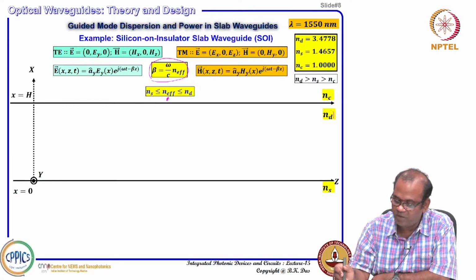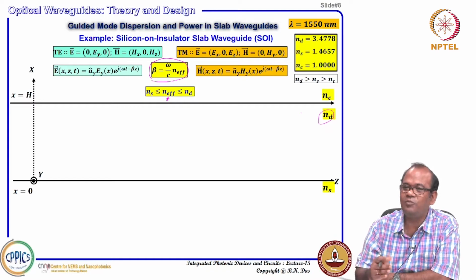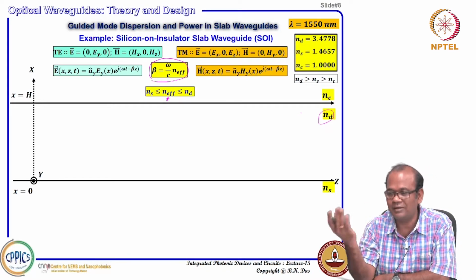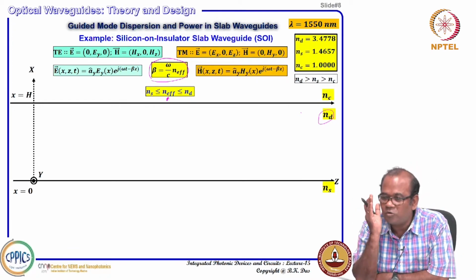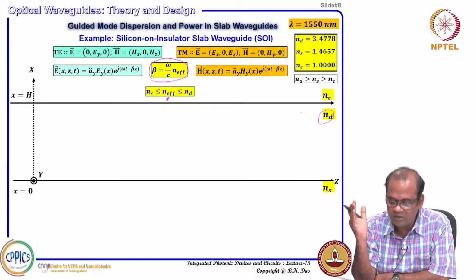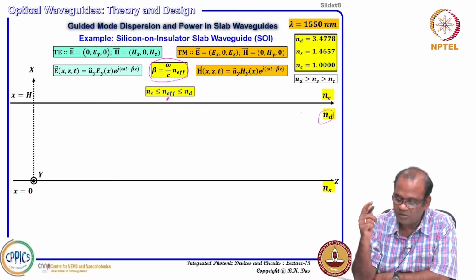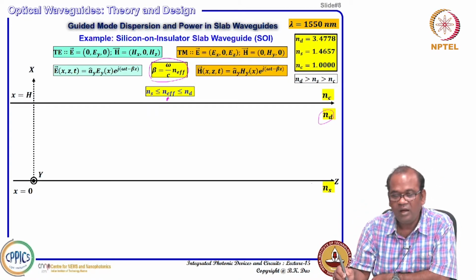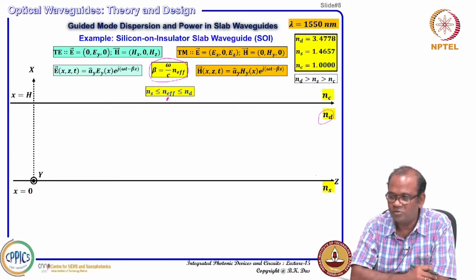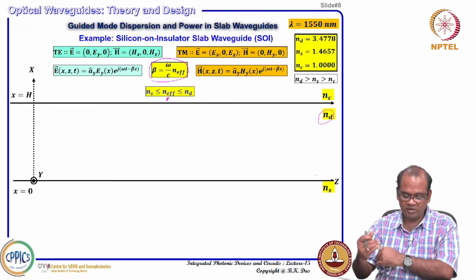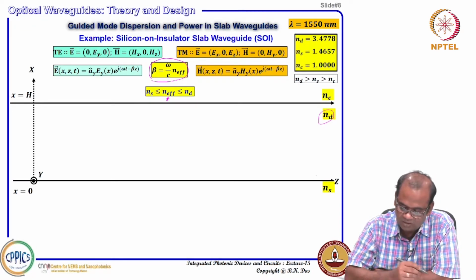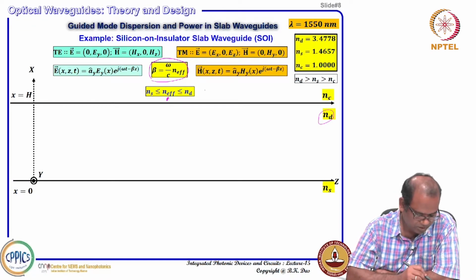If the core refractive index is Nd, then a guided mode cannot have an effective index more than that. It can be close to Nd but cannot be equal, and obviously it should be greater than Ns. That is what we proved earlier from the critical angle and Snell's law at the interface. We have discussed that many times, so you should keep this much in mind.